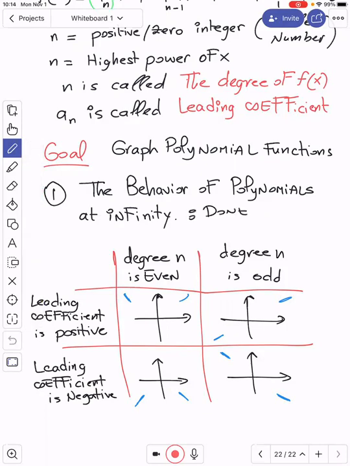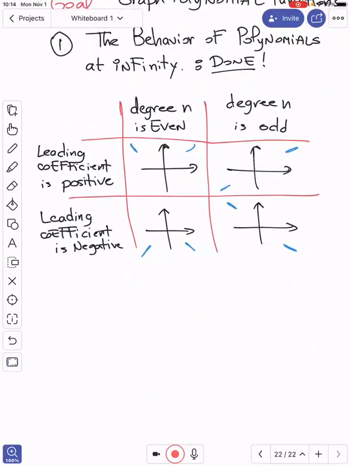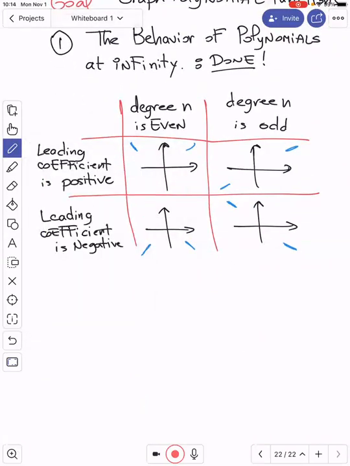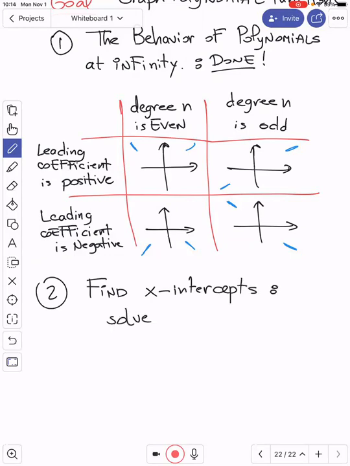This was done Wednesday last week. Then we started discussing how to find the x-intercepts, which is the second step to graph those polynomial functions. To find the x-intercepts, we need to solve f of x equal to 0.